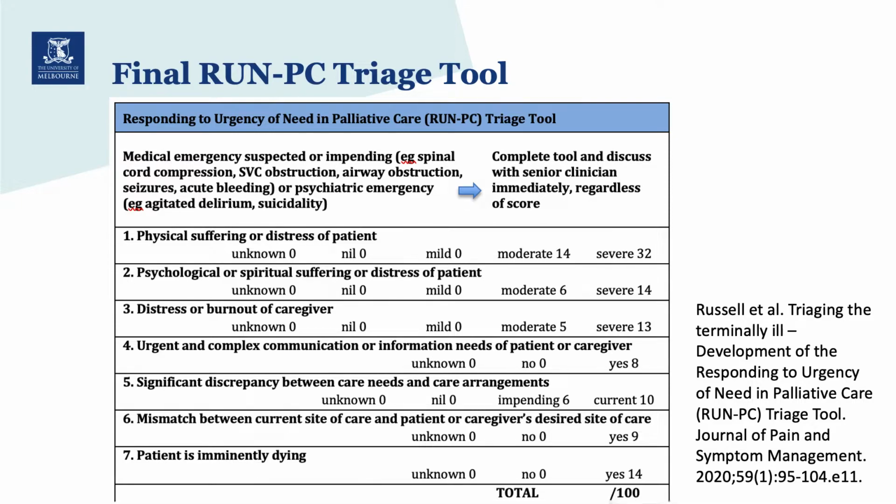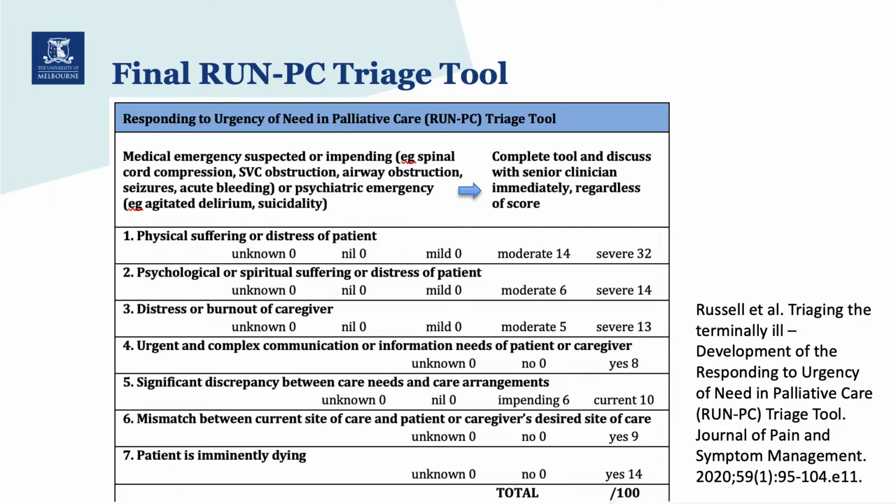So if the patient or caregiver might want investigation or treatment of one of those things, and that's what you think is going on, really regardless of the score, the case needs to be discussed with a senior clinician immediately. And it might be that in fact the emergency department is the best place for that patient, or that there needs to be special arrangements put in place for them, even if they don't score particularly high on the tool. So that's there to do first.